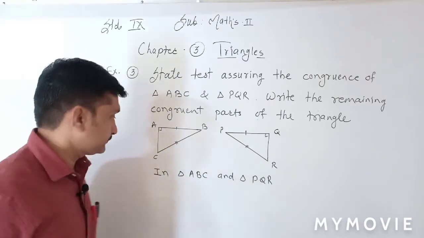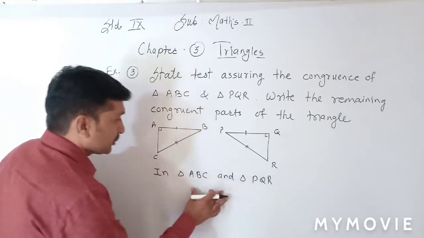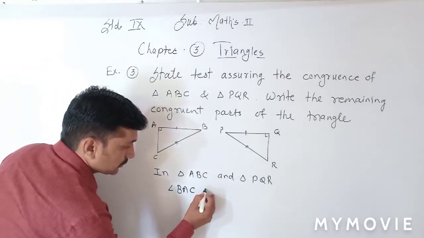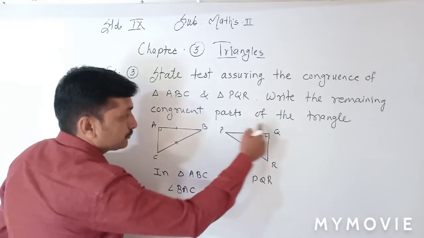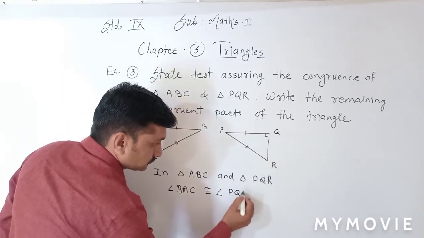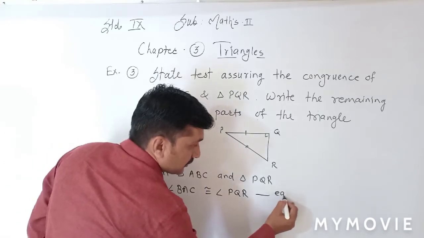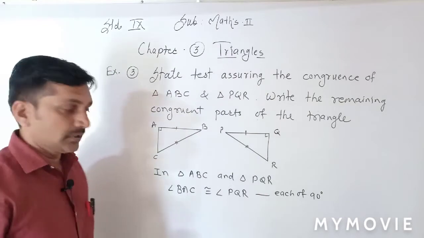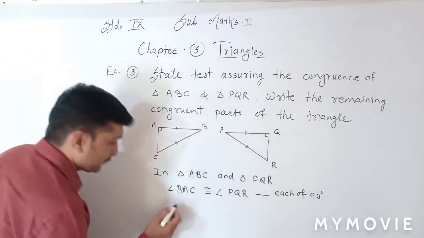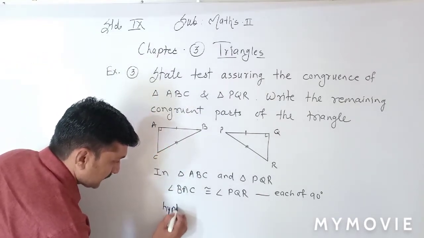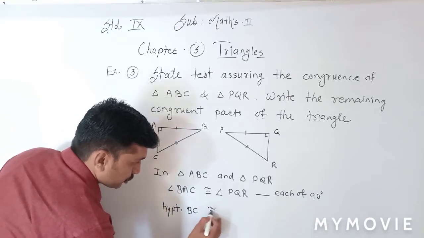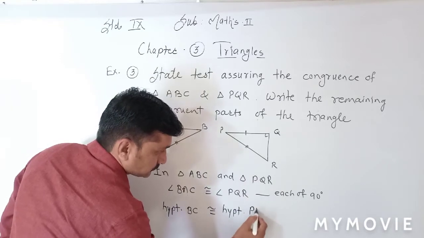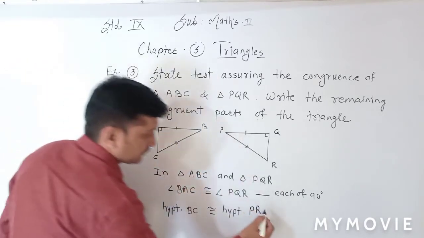Now how to write? In triangle ABC and triangle PQR, angle BAC is congruent to angle PQR. Each angle is 90 degrees. Now the hypotenuse BC is congruent with hypotenuse PR, given.